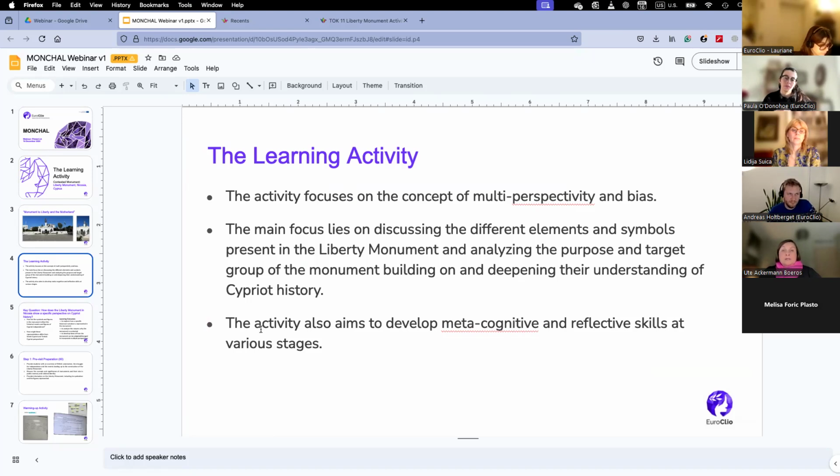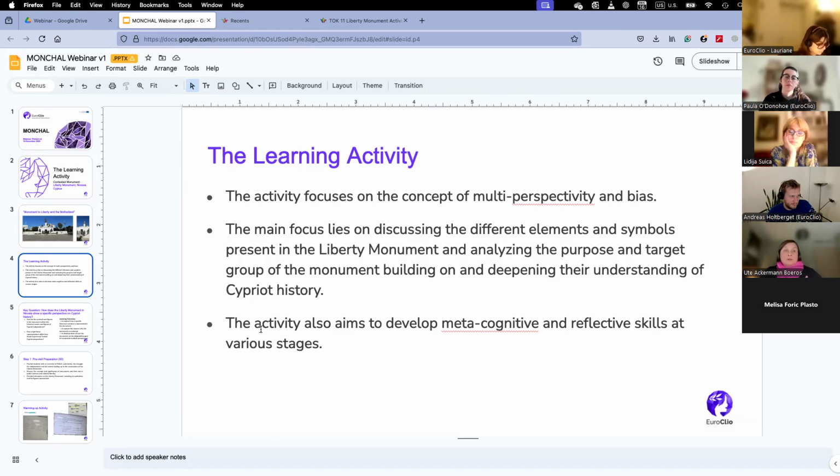Students hopefully will then also analyze the purpose of the monument and the group for which it was made, the target group. We will later see that the students were really good at working out who was excluded and who was included. On another level, the activity is also focusing on students' reflective skills.